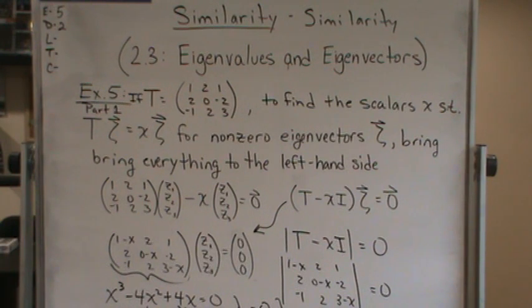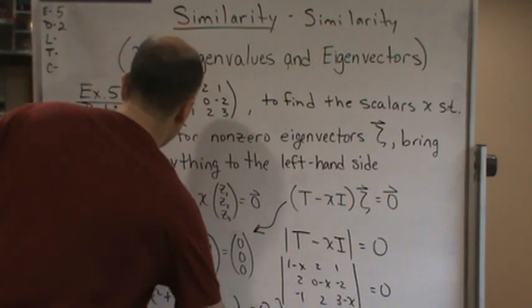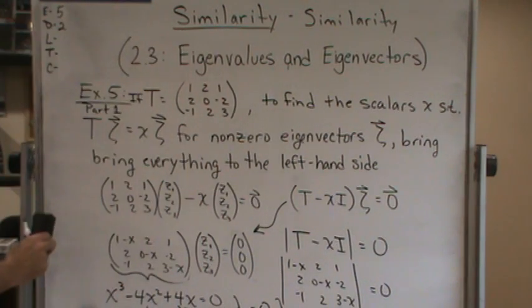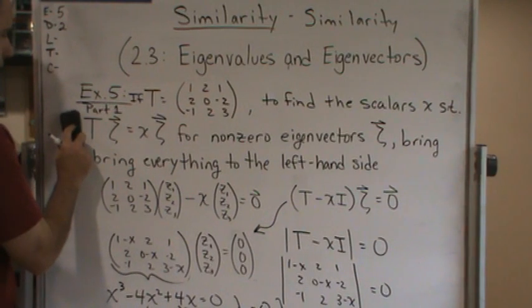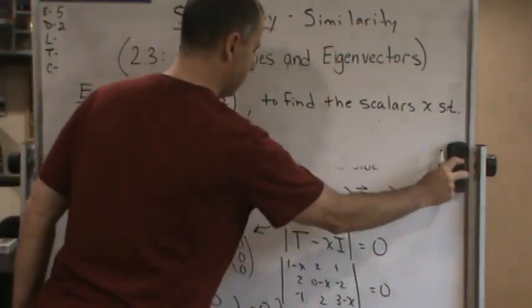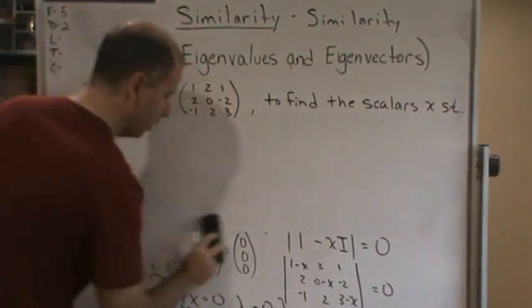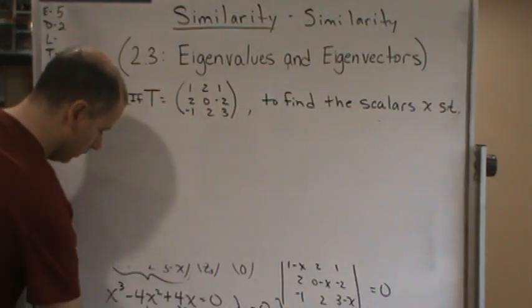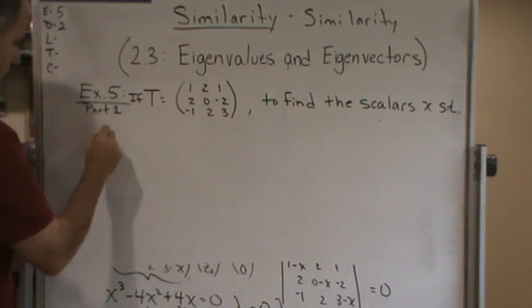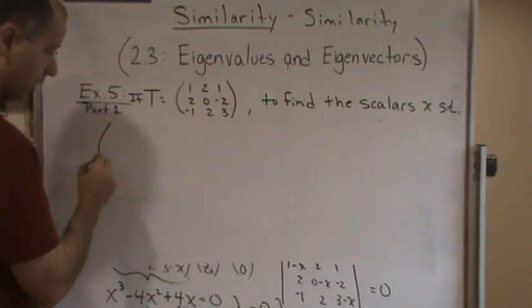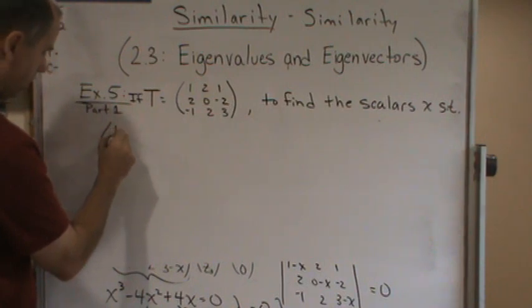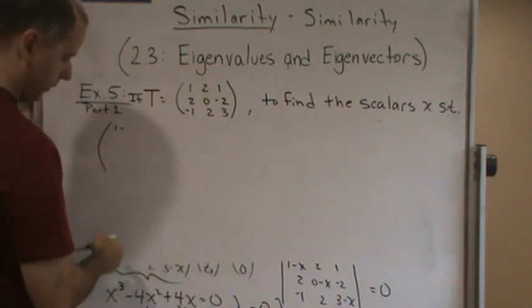To find the associated eigenvectors, plug in each eigenvalue. So now let's do that. Let's do 0.